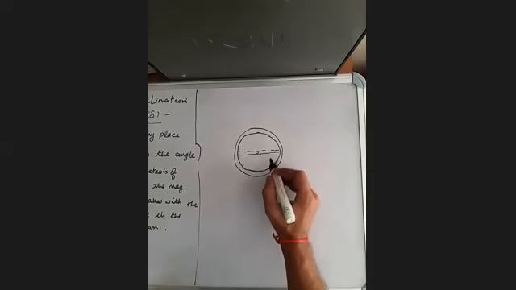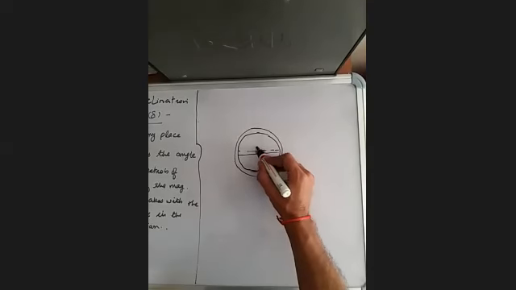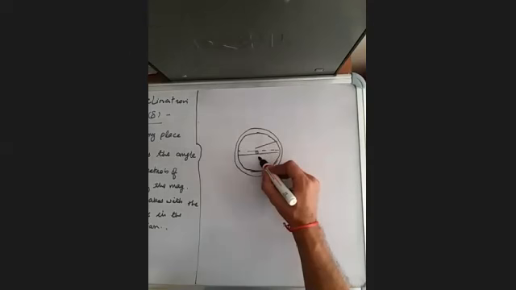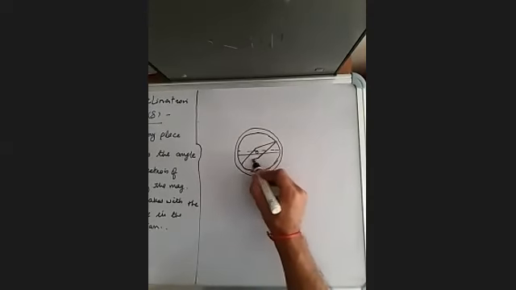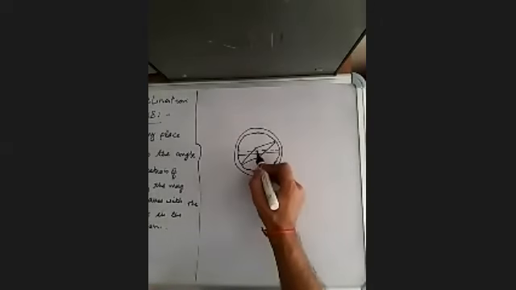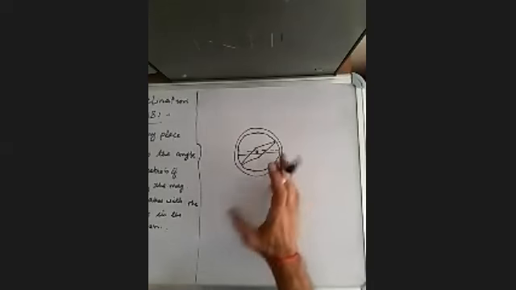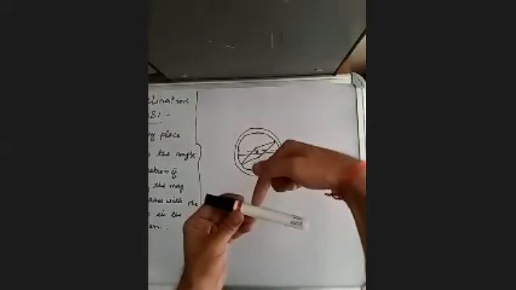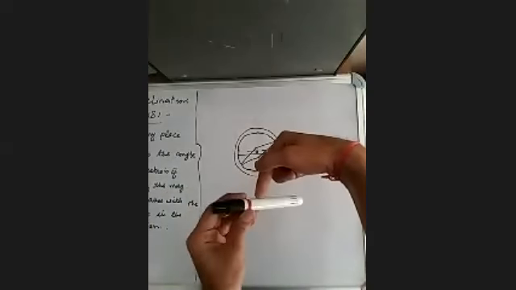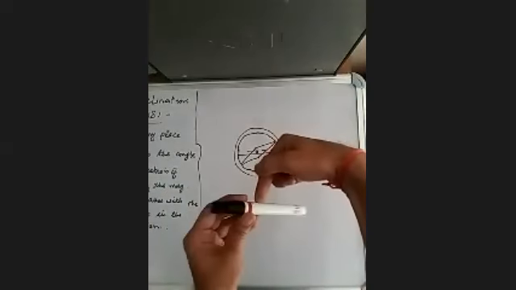So now this is the needle we're talking about. This is your magnetic needle, and it is in a vertical plane like this, and this is the pivot, and it can rotate like this.